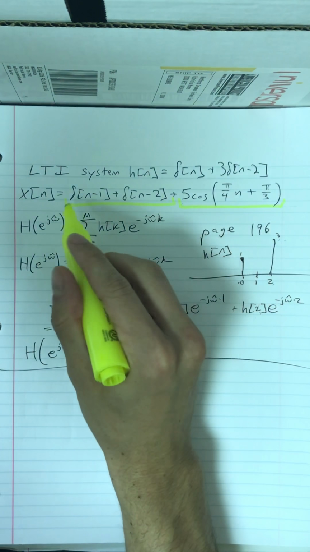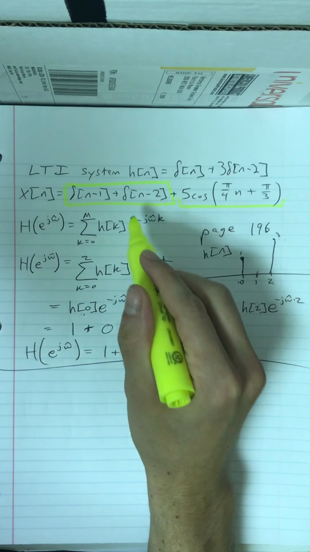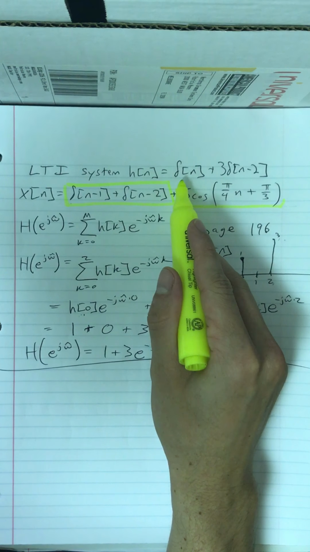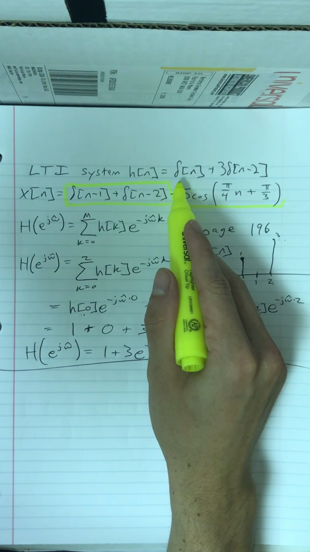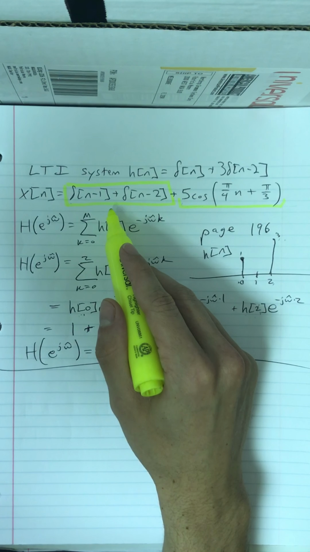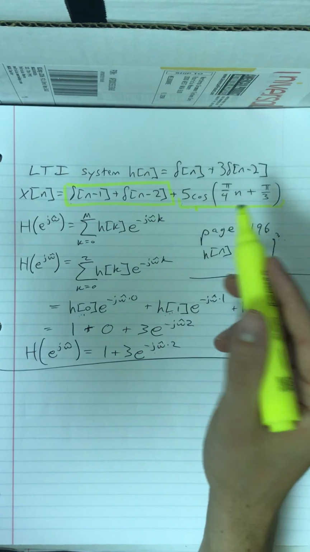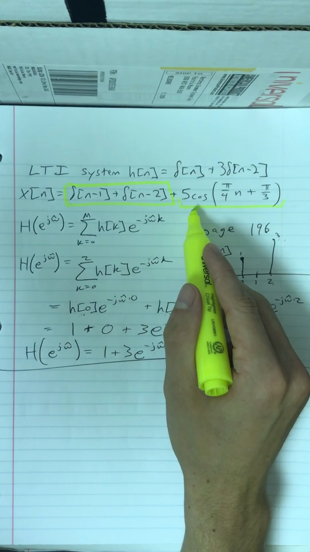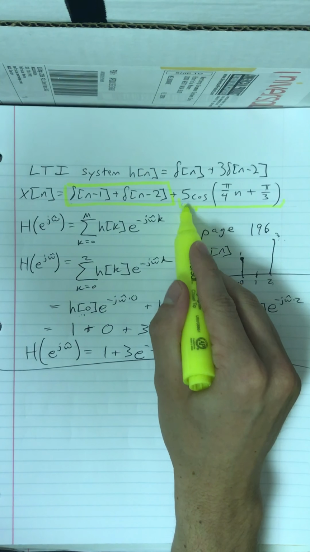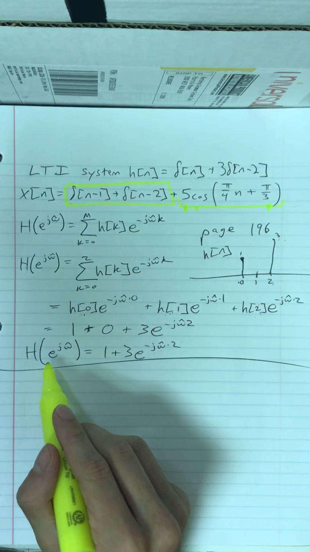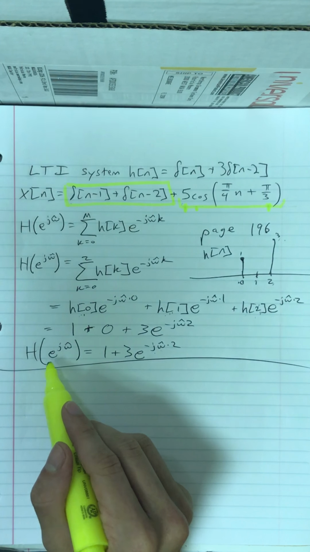All right, so if you put this part through the system, you get the output by convolving it with the impulse response. Okay? And if you put this part through the system, it's affected by the frequency response of the system. So the amplitude is going to change and the phase is going to change according to the frequency response evaluated at that frequency.